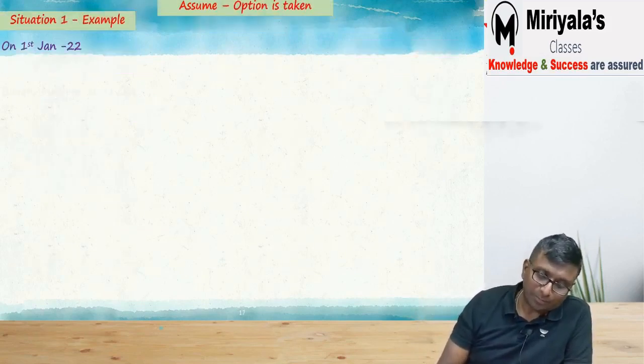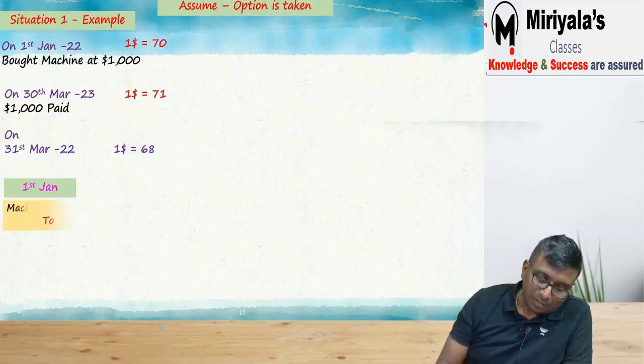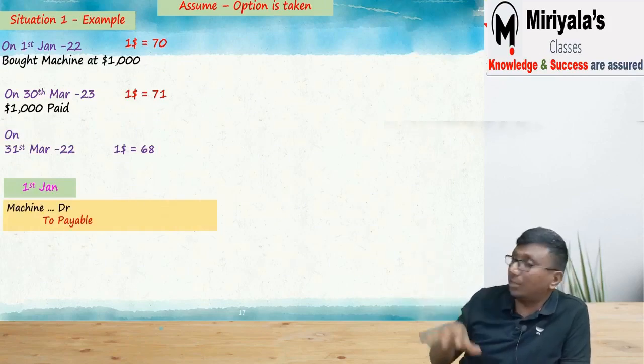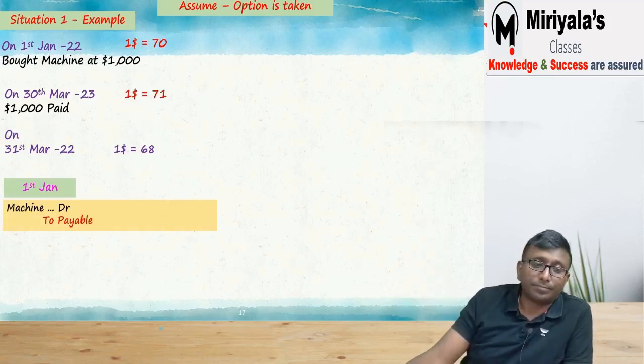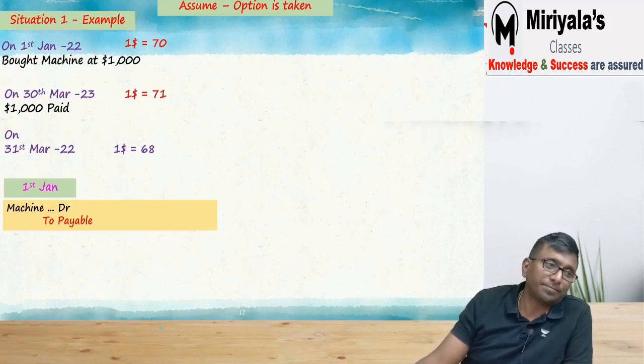Look at this question. Suppose you have taken the assumption: 1st January. Go through all the information first. You purchased on such and such date. When is it repayable?